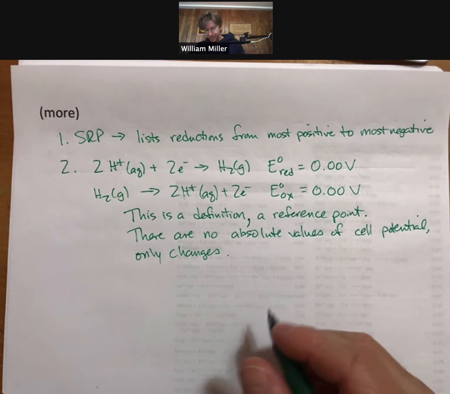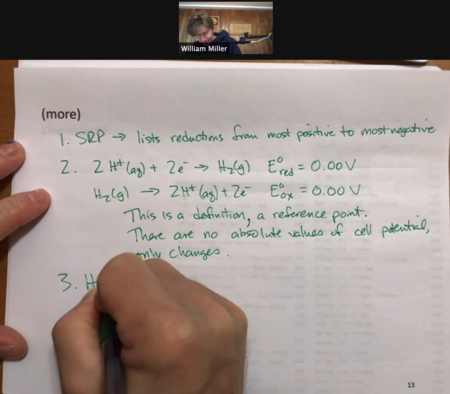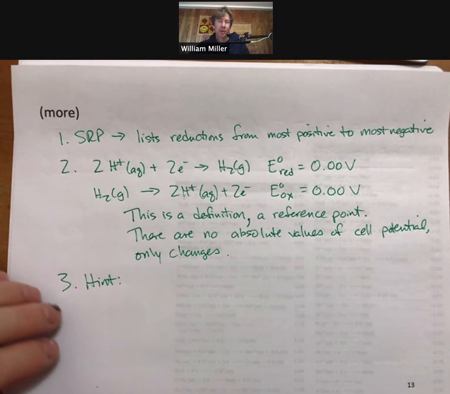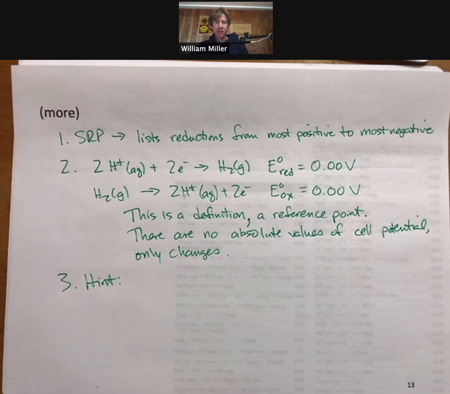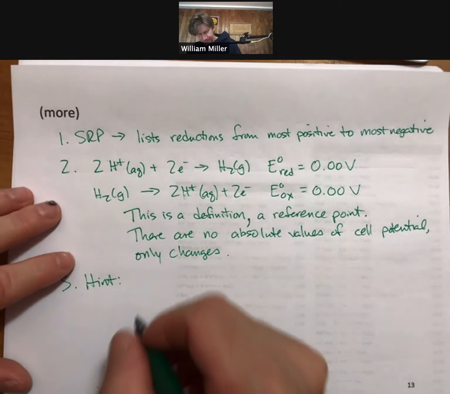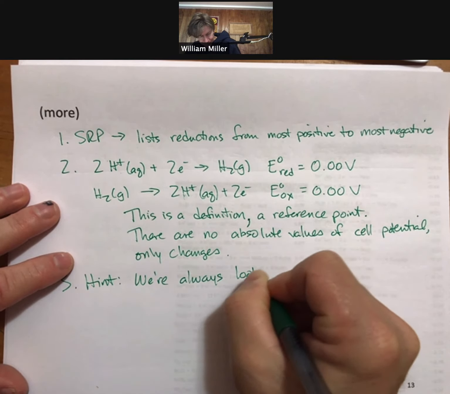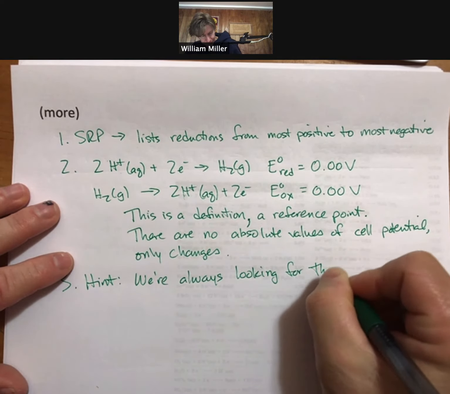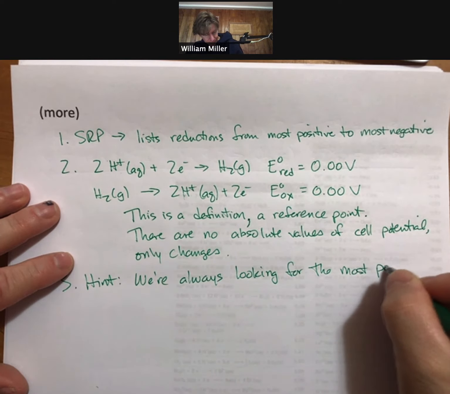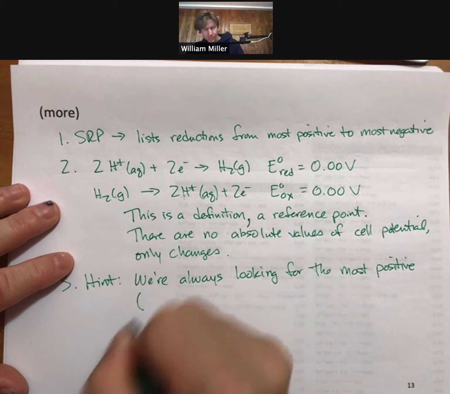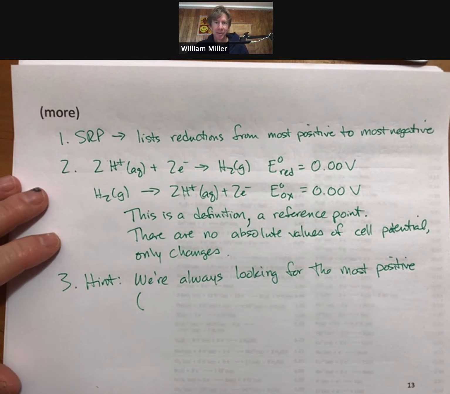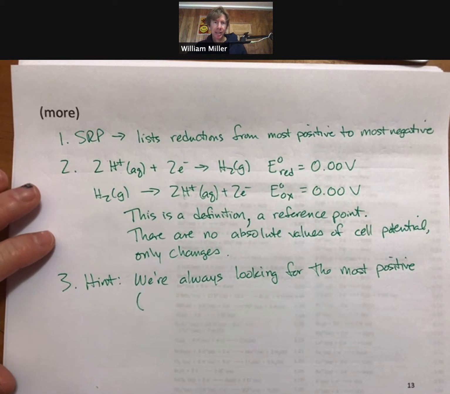Good. And one hint on some of the homework questions and in general, if I give you a picture of either a voltaic cell, which we've talked about, or an electrolytic cell, which is coming up, we're always looking for the most positive, or least negative, cell potential with the given materials.